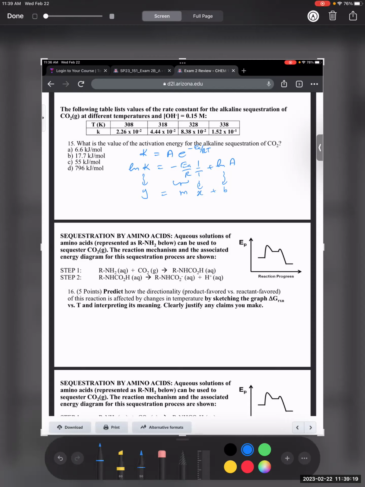Then I'm going to have the natural log of the rate constant values in my 4th list. Then I'm going to select those data, and I'm going to plot ln k versus 1 over temperature. And let's see what we have. I need the equation if I can.